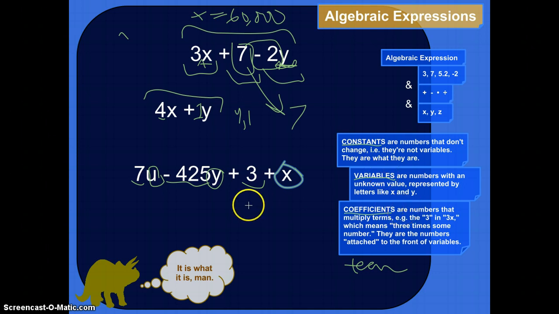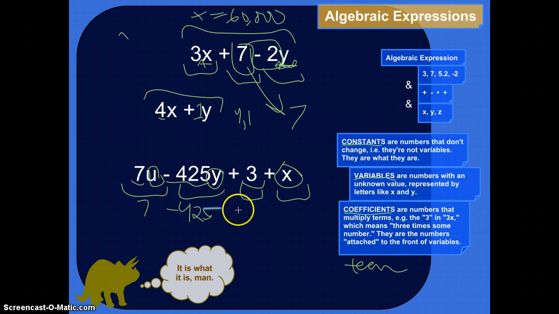And coefficients are the numbers that multiply the terms. So that's a term, that's a term, that's a term, and that's a term. And the numbers, the coefficients are the numbers that are multiplying each term. So coefficient of this term is 7, coefficient of this term is negative 425.